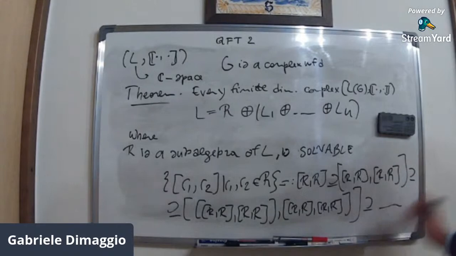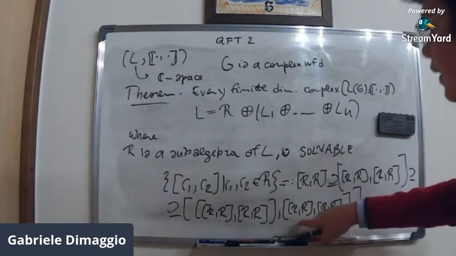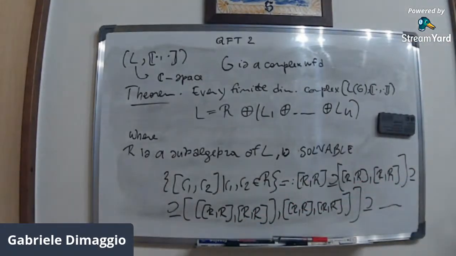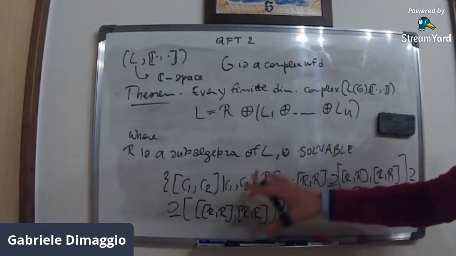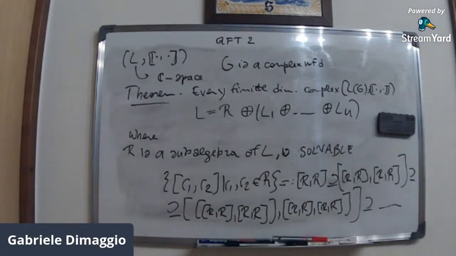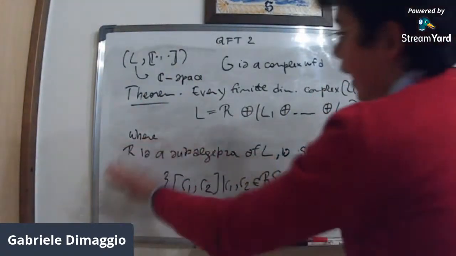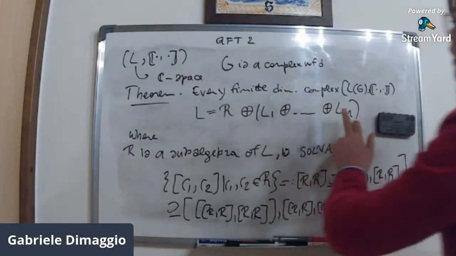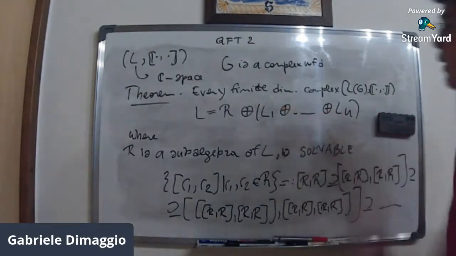So this is a subset of this thing with another, the commutator between this and itself, and so on. Perfect. This is the definition of a solvable Lie algebra. Now, this is the definition of the solvable subalgebra R, and next is the definition of L1, L2, L3 until Ln.